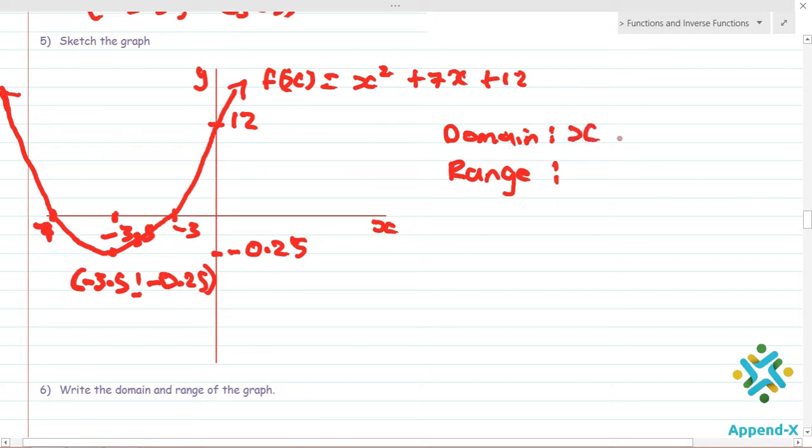Therefore x must be an element of the real numbers. For the range, the graph starts from negative 0,25 all the way up to positive infinity. Therefore the range is y greater than or equal to negative 0,25.